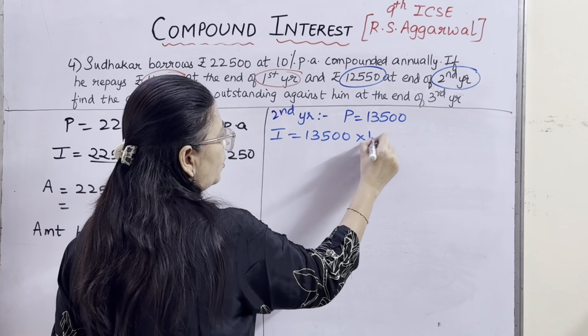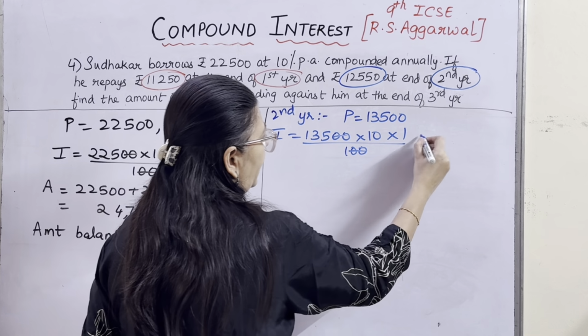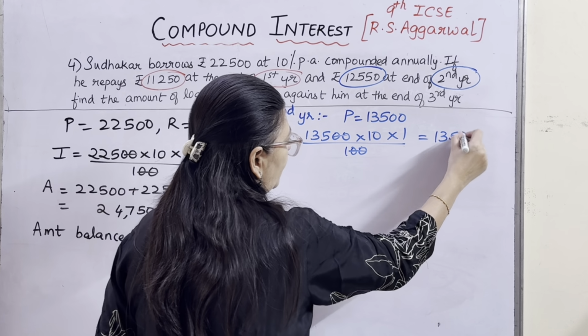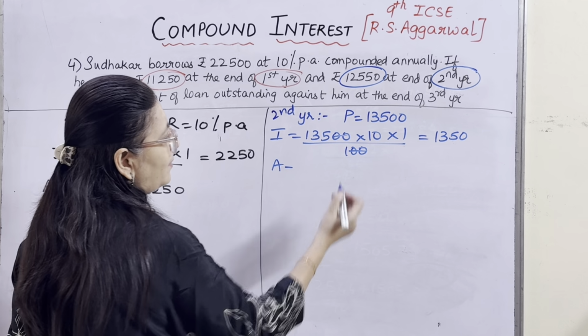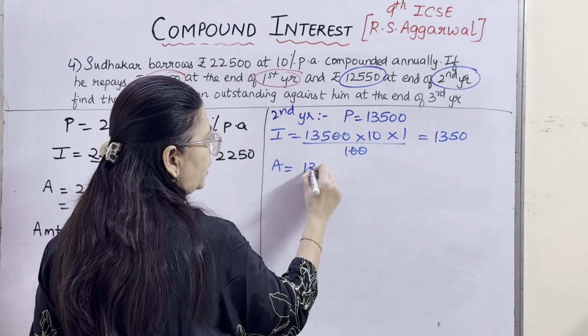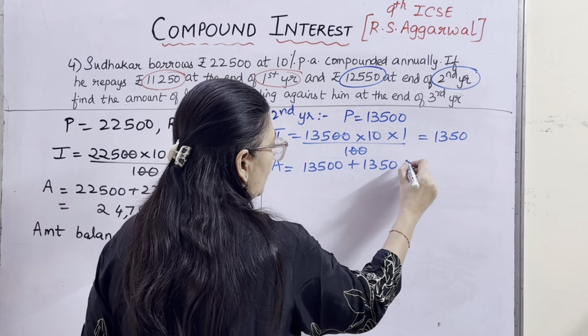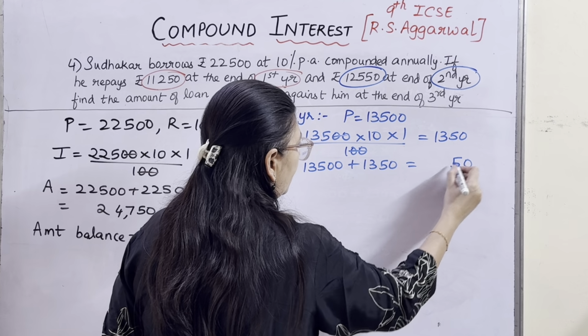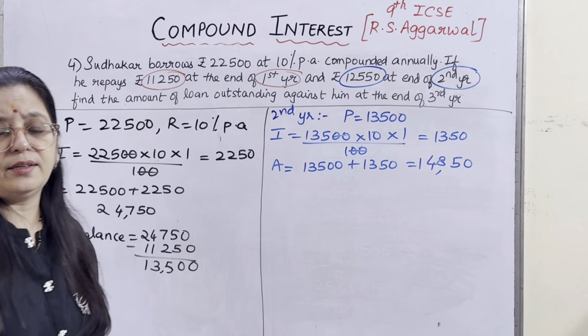Now let's find the interest. 13,500 into 10 again for 1 year upon 100. So the interest is 1350. What is the amount? Amount is principal plus interest. Principal is 13,500 plus 1350. So answer is 14,850.